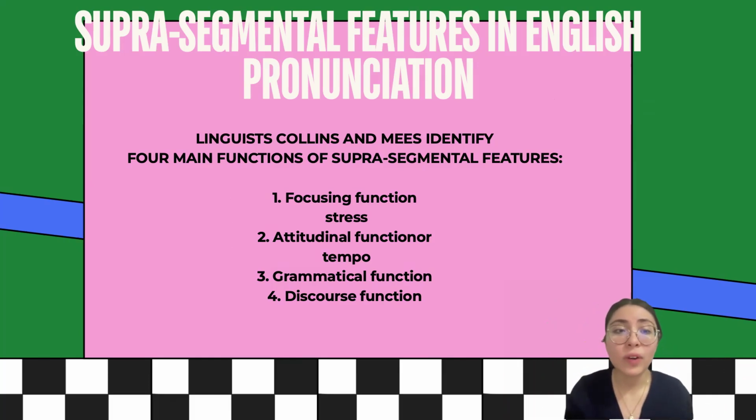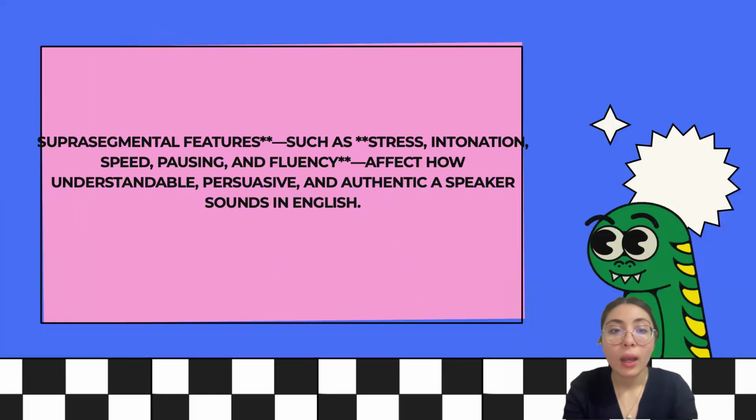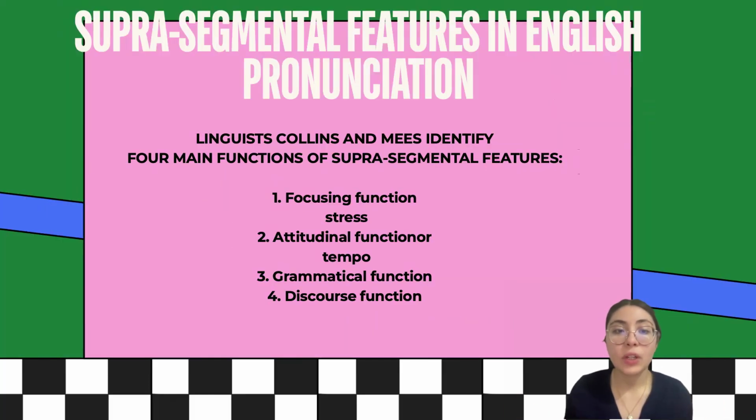And discourse function is what organizes speech and signals continuation or completion through pausing. Pausing is the key here. And these features often combine, for instance, lists use stress, pauses, and rising intonation before the final item.